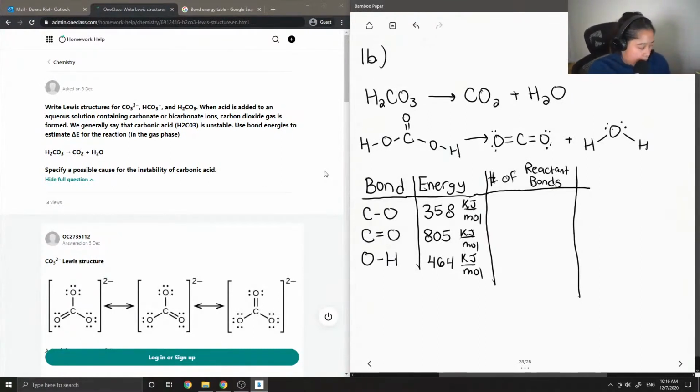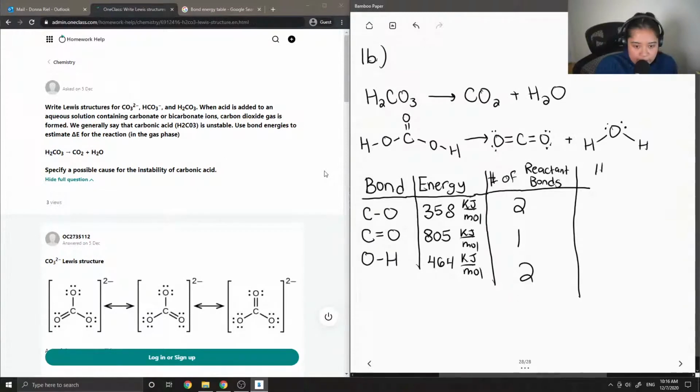So if we count it out, we'll see that there are 2. How many double bonded carbon-oxygen bonds in the reactants? So there is only 1 in carbonic acid. And lastly, how many oxygen-hydrogen bonds there are? There are 2 as well.